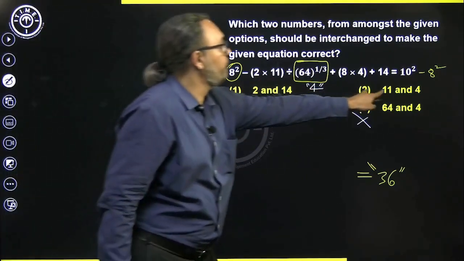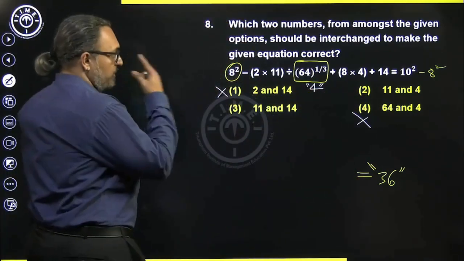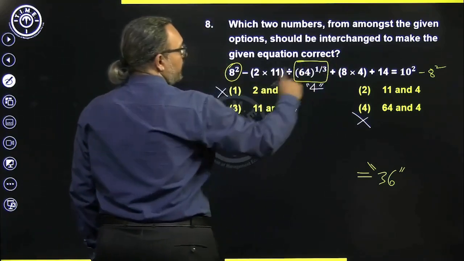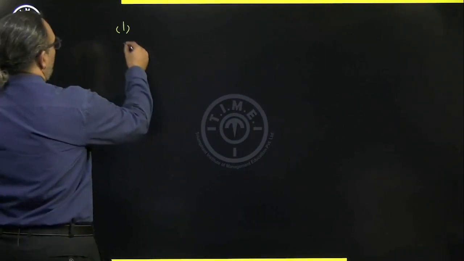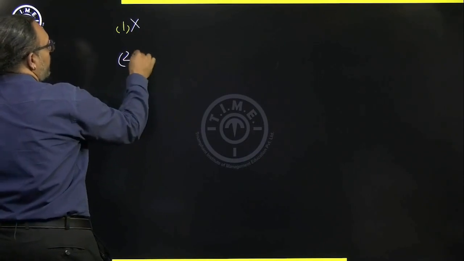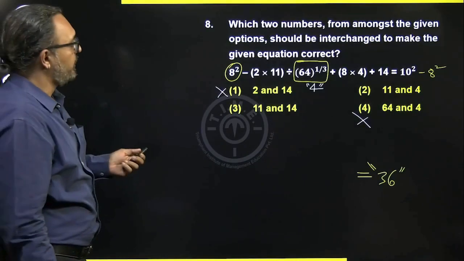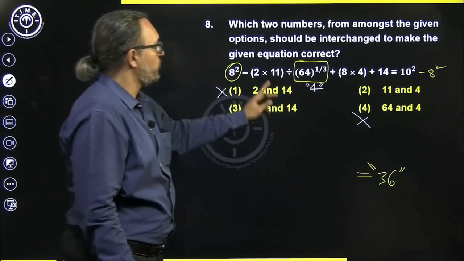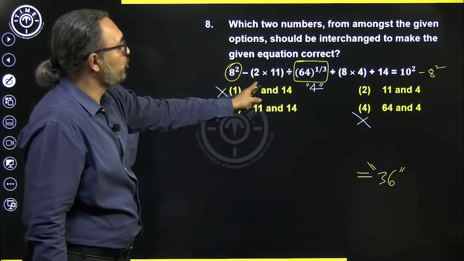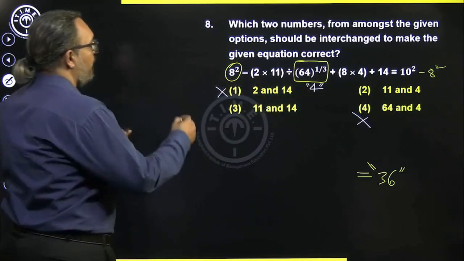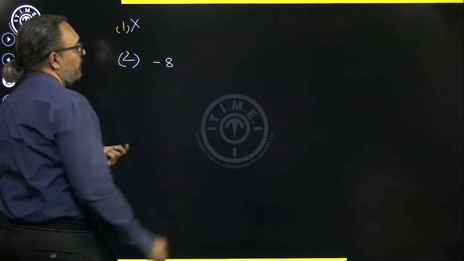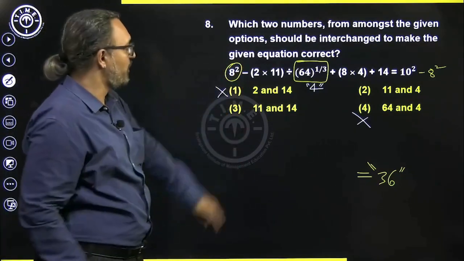Now how about 11 and 4? So 11 is here, 4 is here. Let us exchange. I'll remove the first option and take the second option now. In the second option, 11 and 4 is there. So replace that. So you have negative 2 into 4, so you will have negative 8. Because it is within the parentheses, I'll do that first.